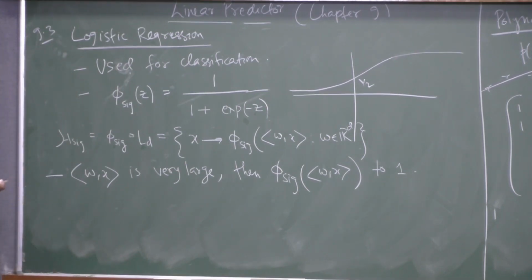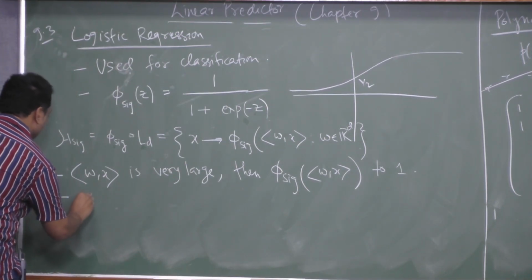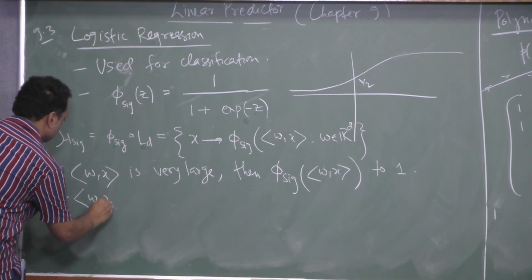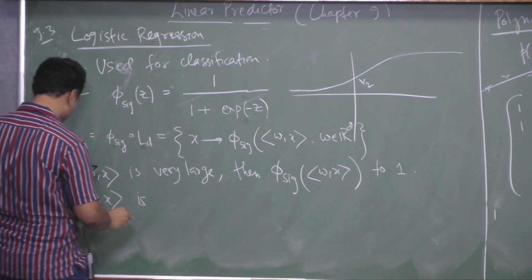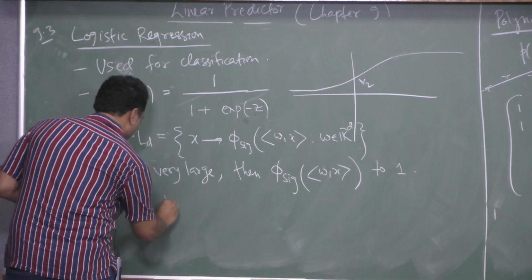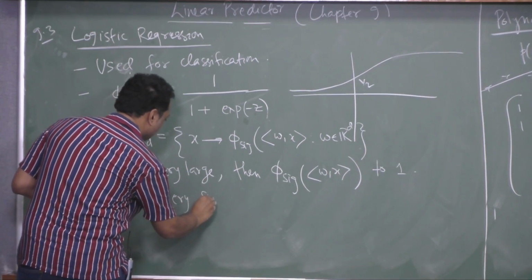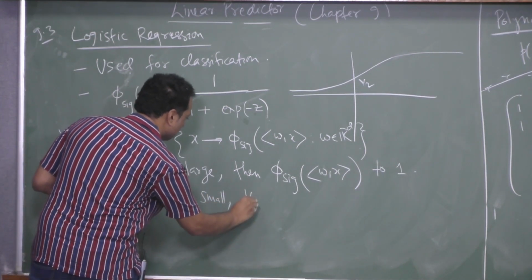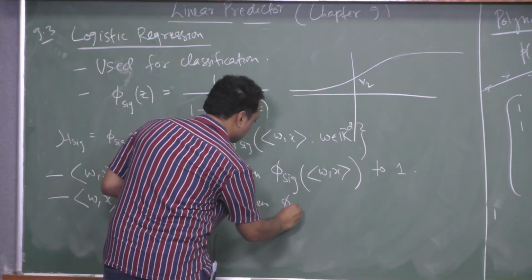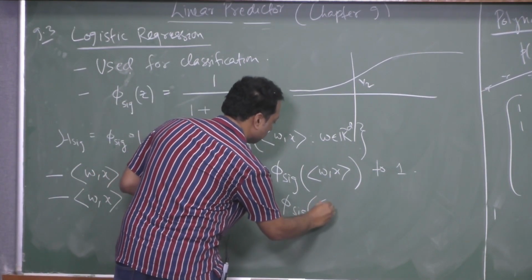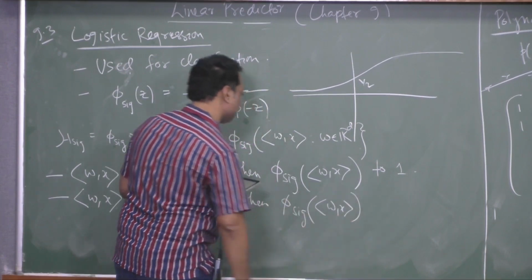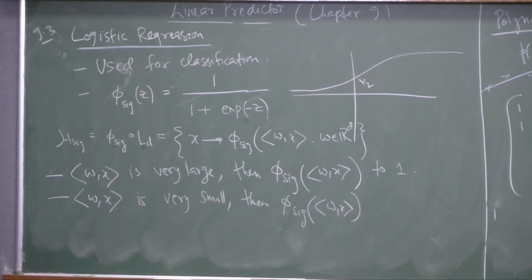And if W transpose X is very small, then where does it go? By very small we don't mean necessarily close to 0, I mean even very negative.